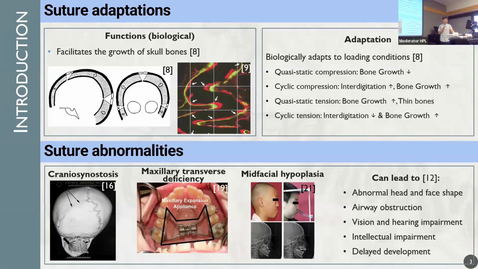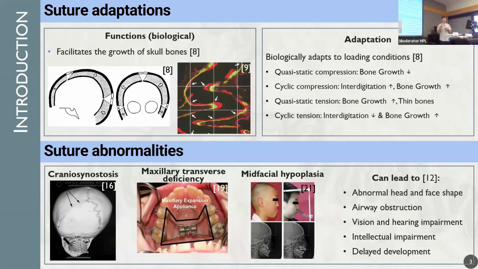One thing to mention is that the suture is connective tissue reaching the bone. So there is a fiber orientation. In newborn babies, it's randomly oriented, but as we age and additional loading is applied, that orientation changes depending on the loading.